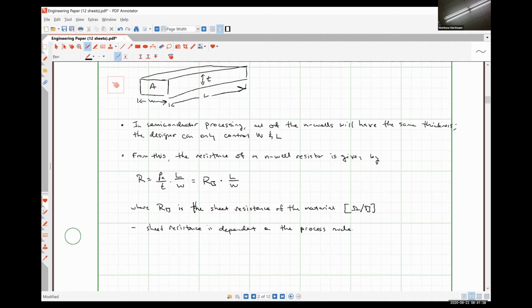So typically speaking, the manufacturers or the foundry will do a couple of test feature runs on wafers just to see what the particular parameters are for, say, the sheet resistance and the capacitance between different regions.